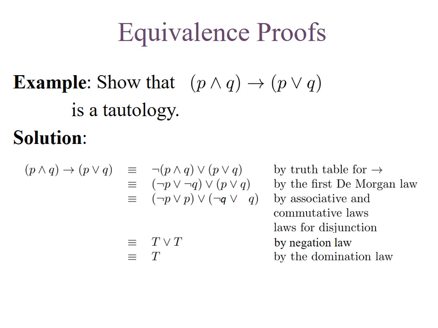If all the operations are OR, then we can apply associative and commutative laws. So we put not P or P together and not Q and Q together. Then by the negation laws, this one is true and this one is also true. True or true is true. So that completely proves the original proposition is a tautology.